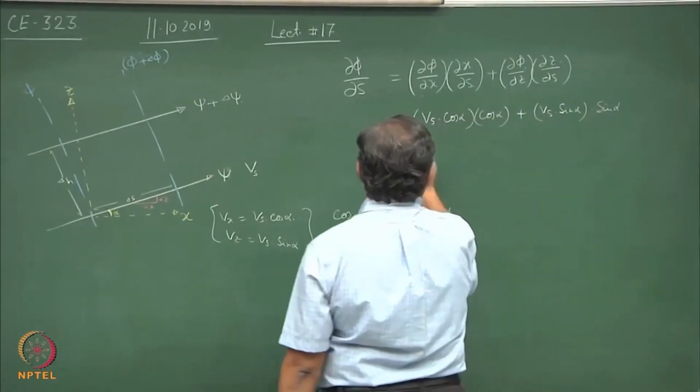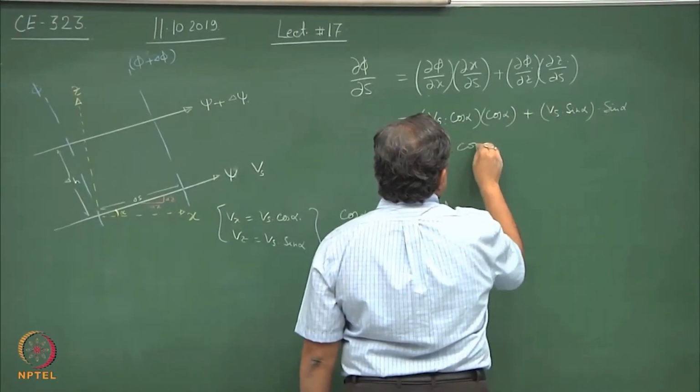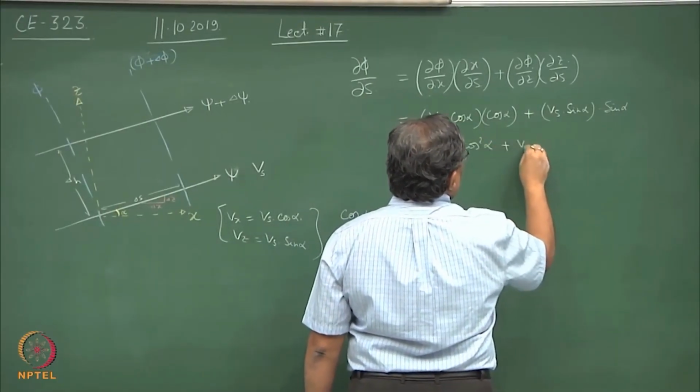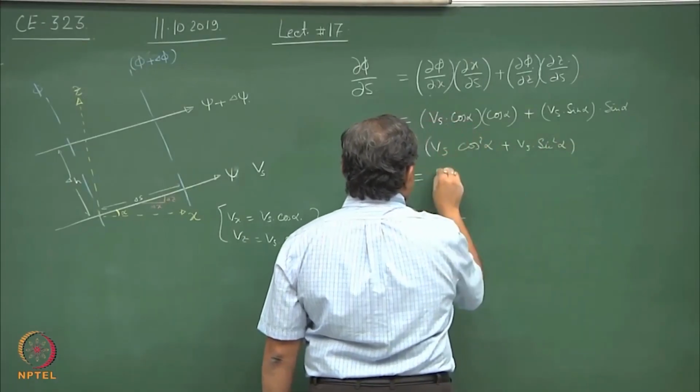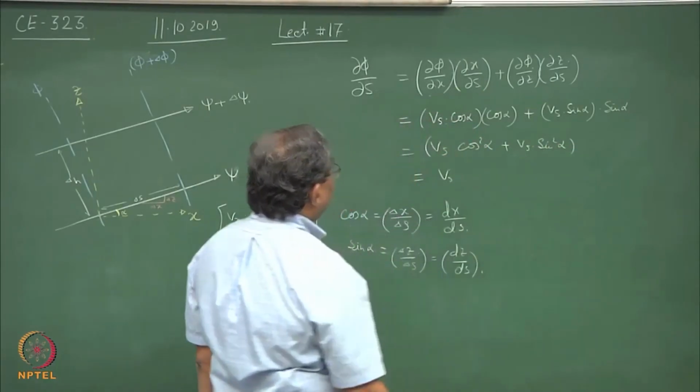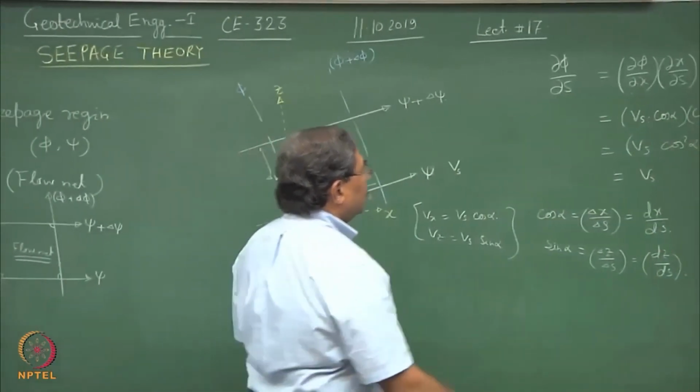So, this is equal to V s cos square alpha plus V s sin square alpha. This will be equal to V s. All right.